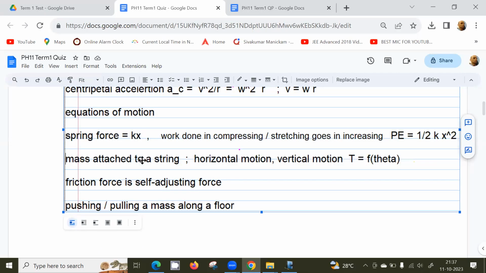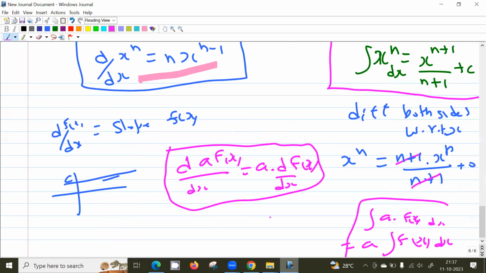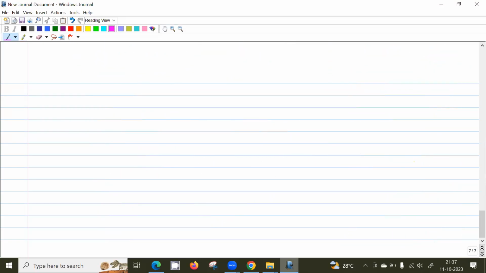So here we have a string with a mass attached to it. So I can have two types of motion. For example, let me assume the string is fixed here, and at the other end of the string there is a mass m. This is going in a circular motion, and let me assume this is a horizontal plane.